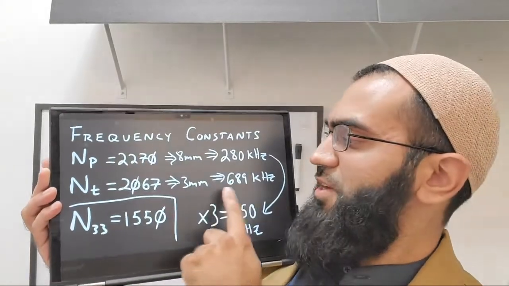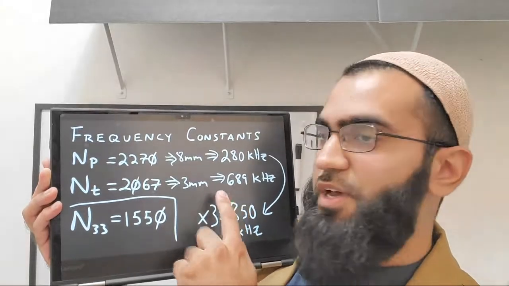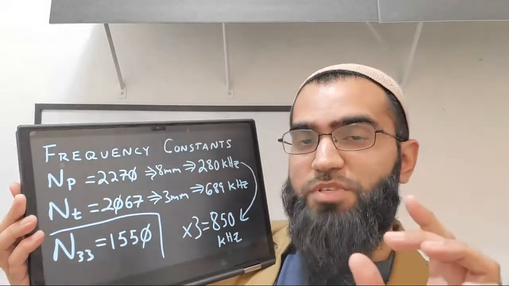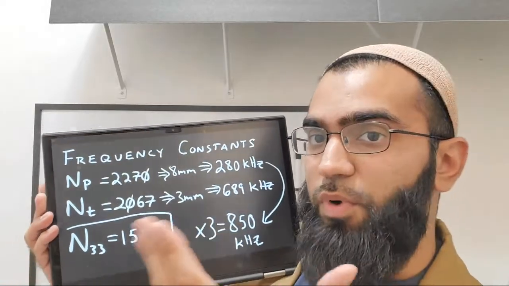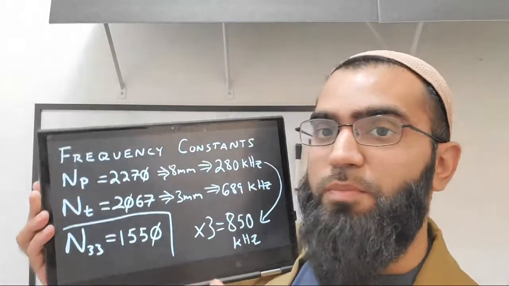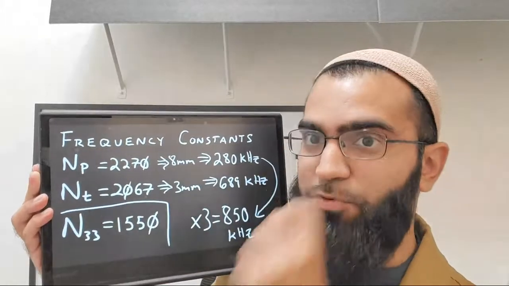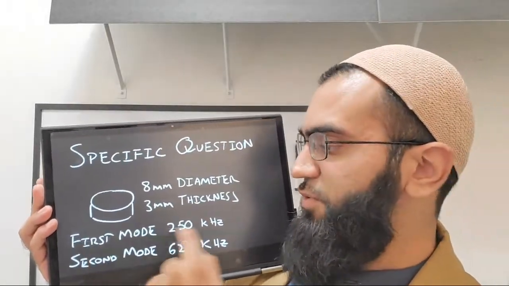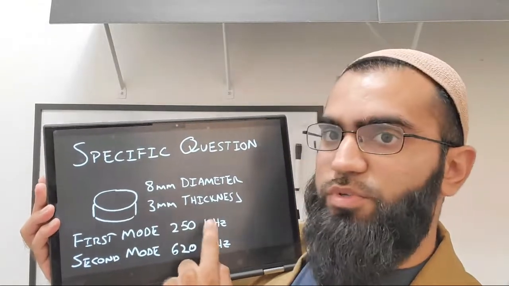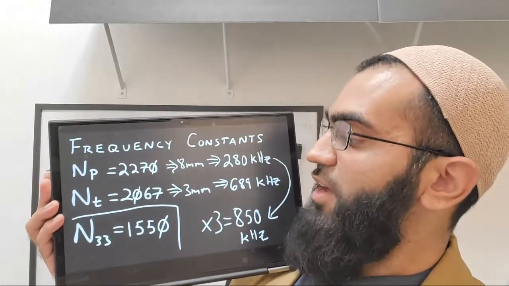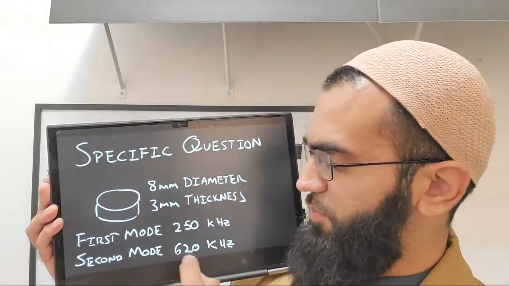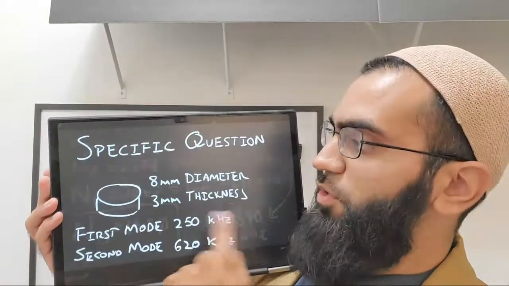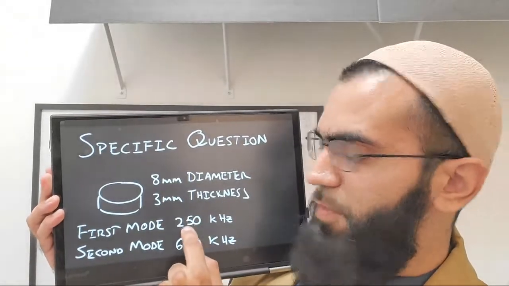This does make sense because the thickness was 3 millimeters, less than 3 times smaller than the diameter, which is 8 millimeters. So it would make sense that the actual frequency would show lower characteristics, and already the first mode had lower frequencies too. It was 280 for my calculated value, and the measured value is 250.